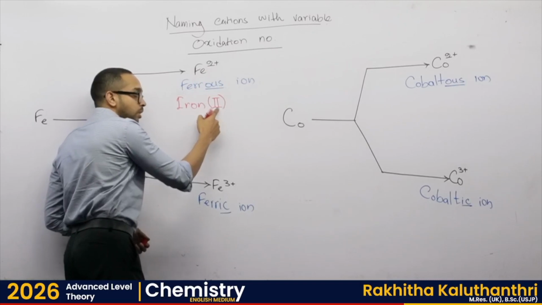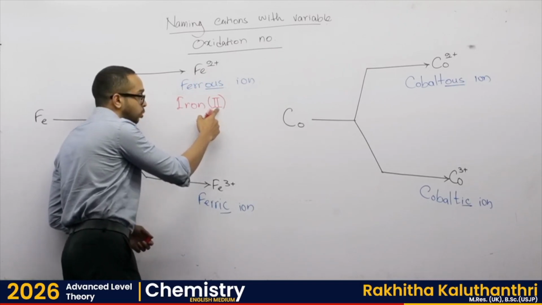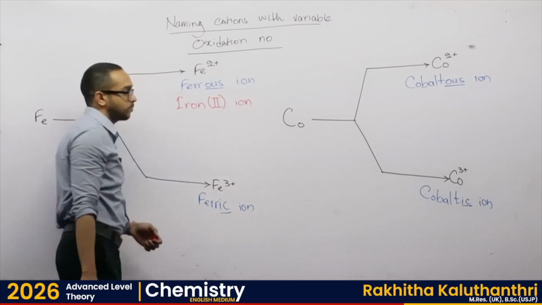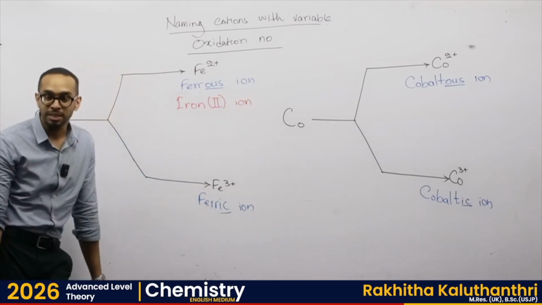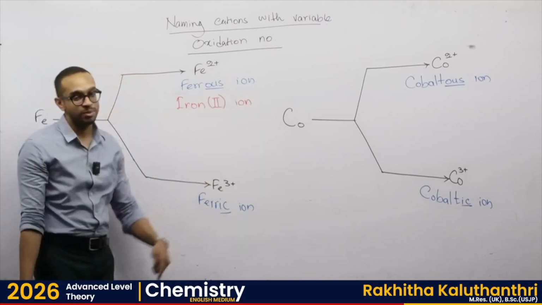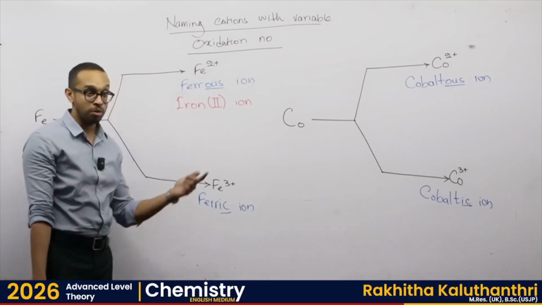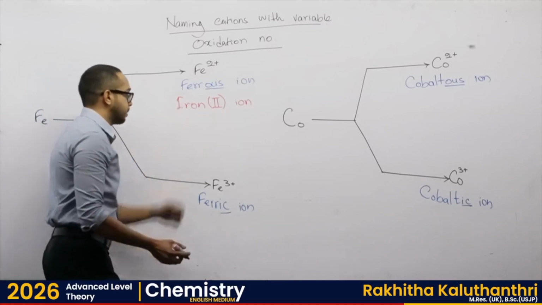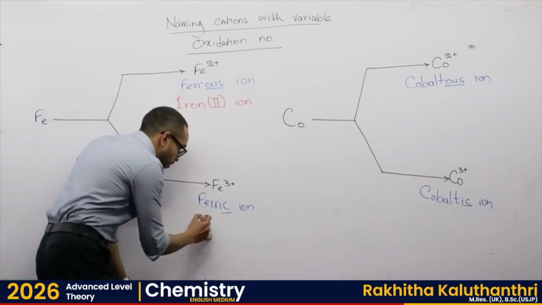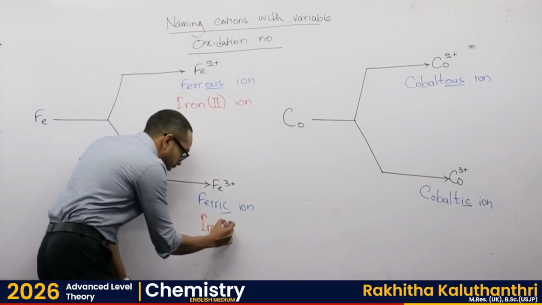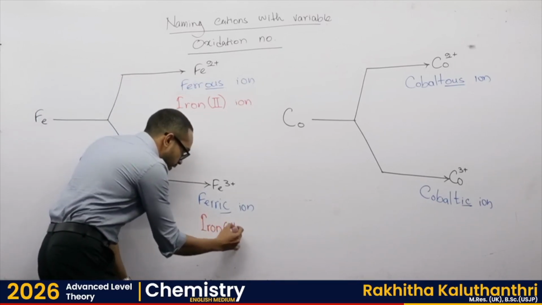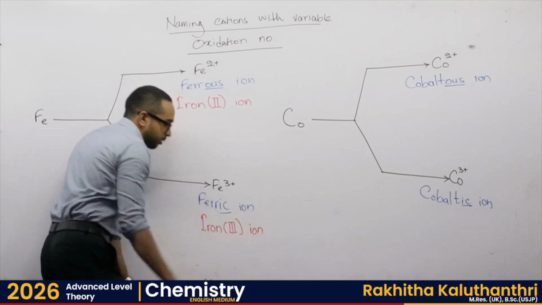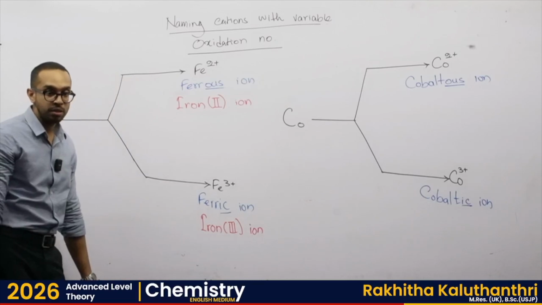Iron(II). The IUPAC naming system is easier. Remembering all of that would be somewhat tough sometimes, but you need to remember all of those. What do you think this is called? Iron within brackets, the oxidation state is 3, right? Iron(III). Is that understood?